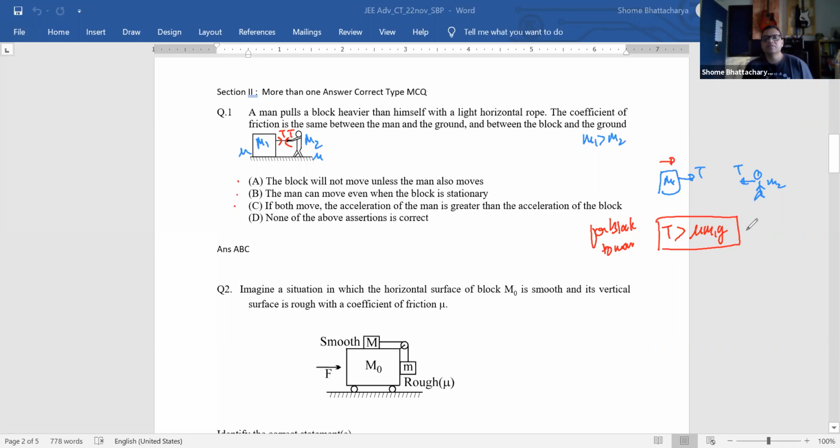So this statement definitely means that T is greater than mu m2g. So that means this person will definitely move now, because m1 is greater than m2. That means if the block moves, the person has to move. So that means this option is correct. The block will not move unless the man also moves. Is this clear?